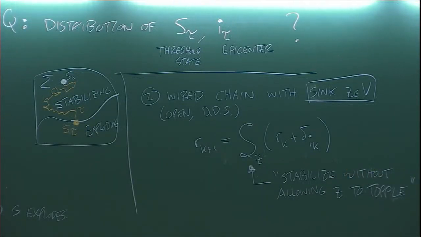Right. So this is a very natural question. How do we know that exploding is not possible in the wired chain? So we know in the free chain you can have a sandpile that just topples forever without ever stabilizing. And we hope that by allowing this sink, we've ruled out that possibility.